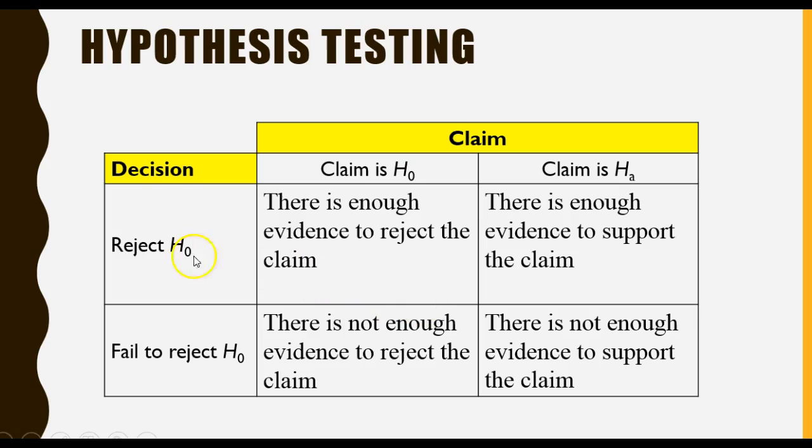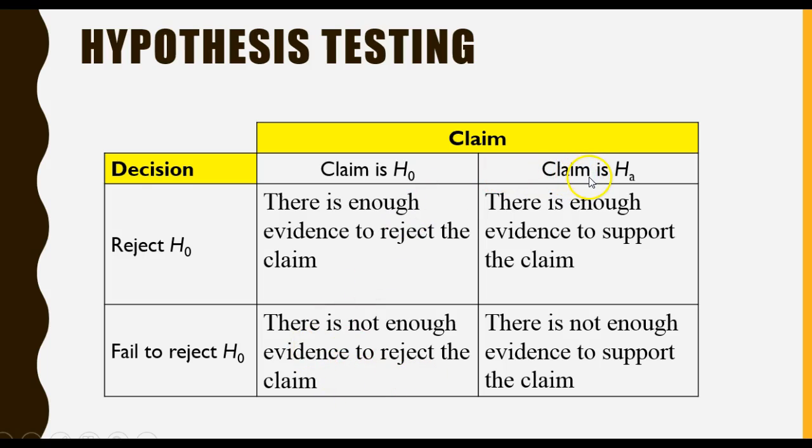Now, when we make our decision, I've given you a number of examples where the claim is the null hypothesis. If the claim is the null and we reject it, we say there is enough evidence to reject the claim. If the claim is the null hypothesis and we fail to reject it, we say there's not enough evidence to reject the claim.